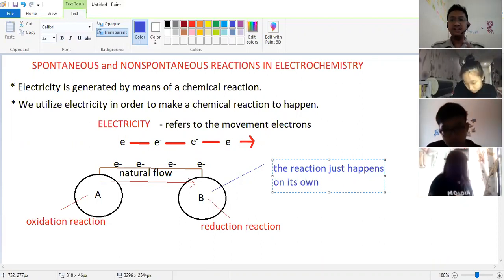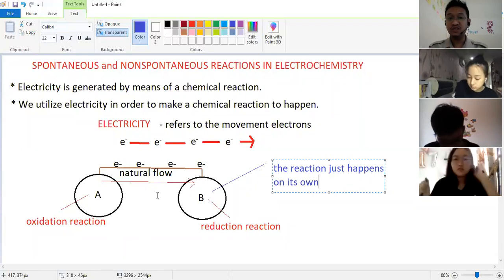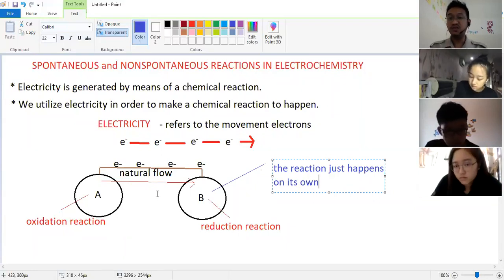We don't have any driving force to push this reaction to happen. It just naturally happens after we connect A and B with a conductor.